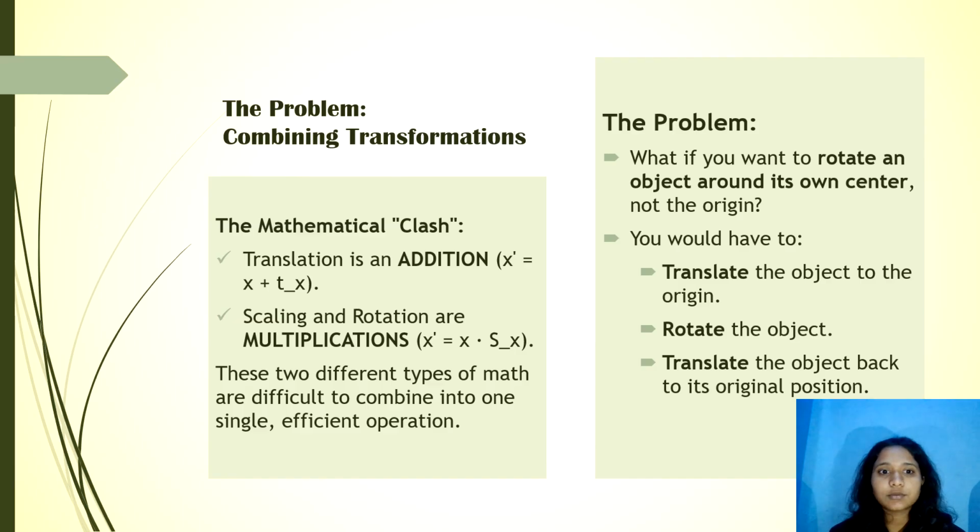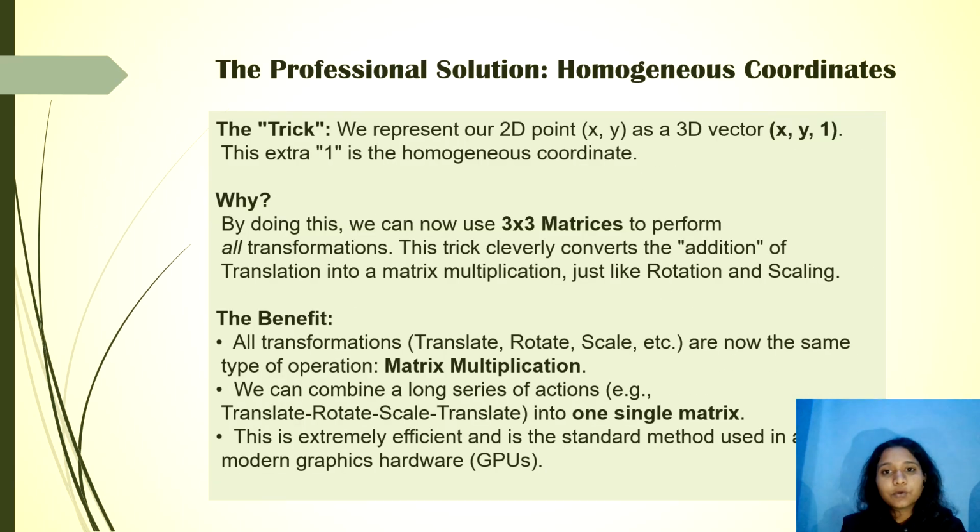So that is the problem. And the mathematical clash here is that translation is an addition, but scaling and rotation are multiplications. These two different types of math are difficult to combine into one single efficient operation. So this is the problem.